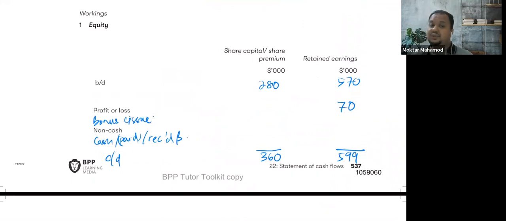Right issue tak apa. Right issue memang dia kena beli walaupun it lower than the market price, but still ada cash inflow dekat situ. Tapi bonus issue kena tulis juga, ataupun transfer to RE, transfer from or to retained earnings. So maksudnya positive and negative figure for retained earnings.